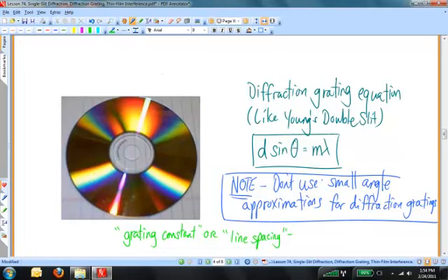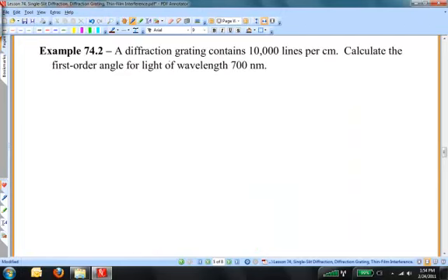Let's look at numerical example 74.2. A diffraction grating contains 10,000 lines per centimeter. Calculate the first order angle for light of wavelength 700 nanometers. In this problem, this 10,000 lines per centimeter is what we would refer to as the grating constant.